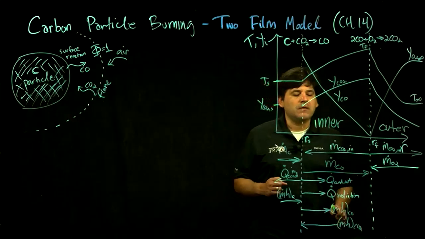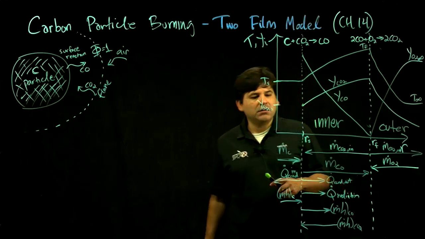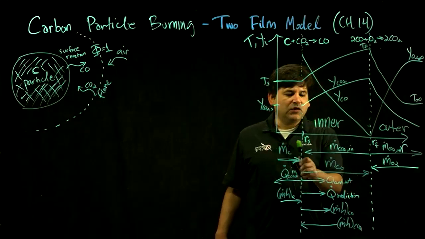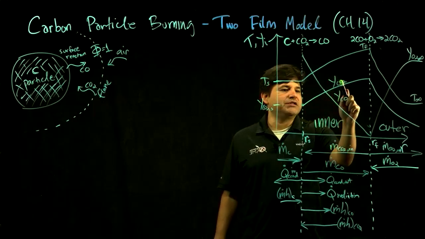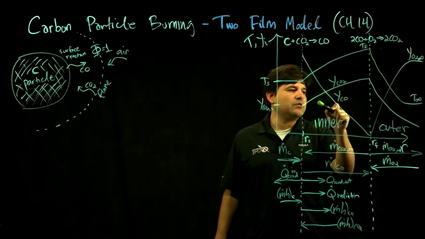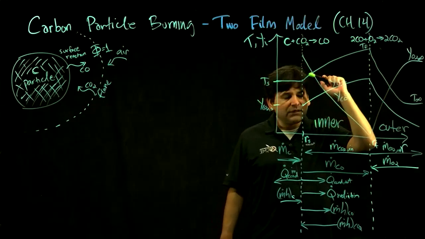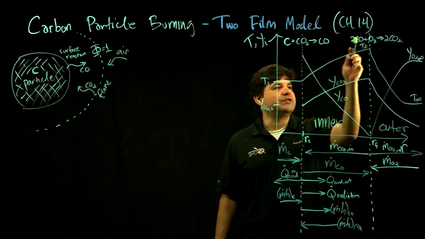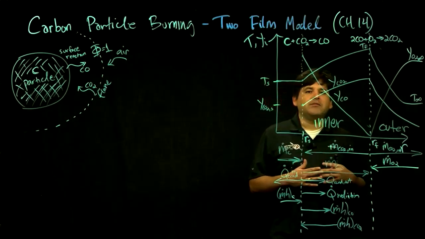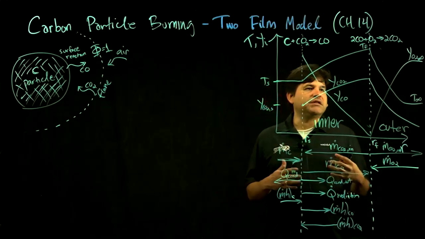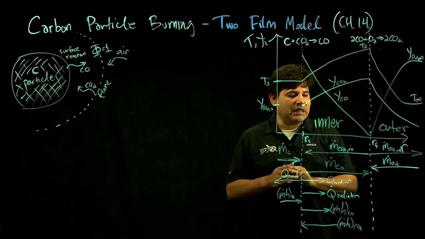So what we're trying to solve now is what are all these flow rates involved? What are all these concentrations: the CO2, CO, and the carbon? And what are the temperatures: the temperature of the surface, the temperature of the flame, the temperature downstream? So depending on the problem, you may know some of these. Of course, we probably know the air concentration in the far stream.